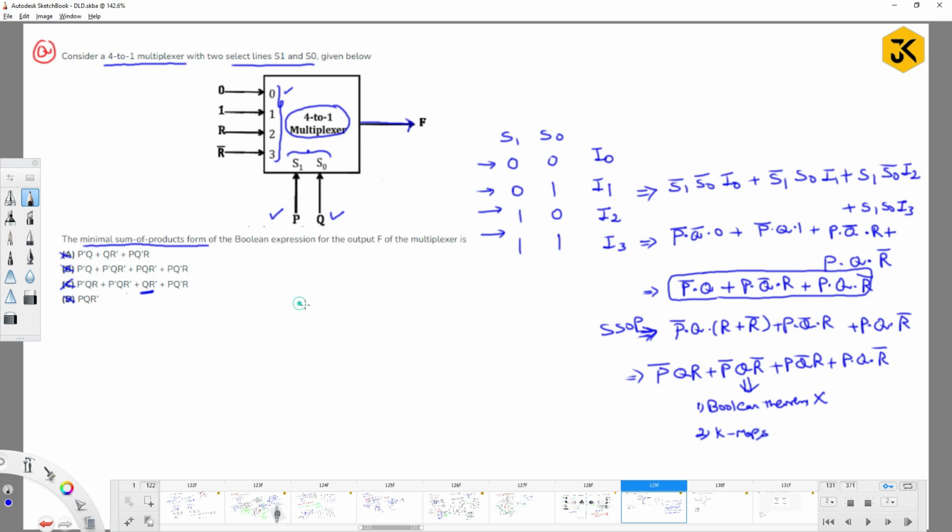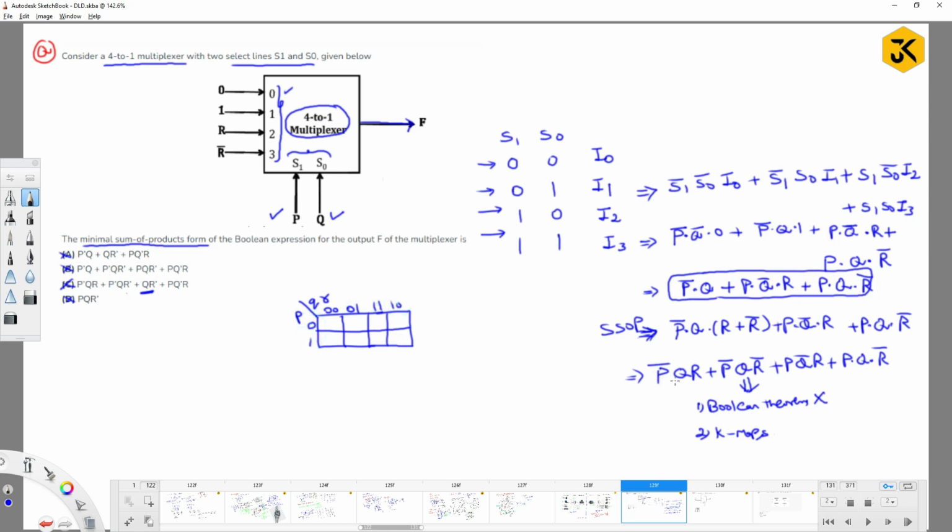So how many variables are there here? 3 variables are there, so I can go with the 3 variable map: P, Q and R. This is 00, 01, 11, 10 and 0 and 1, right?